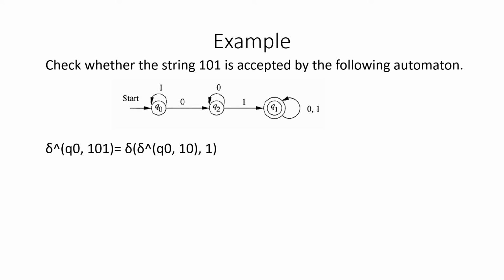The automaton starts its transition from the starting state of the given automaton. It has to make a sequence of transitions by processing one symbol at a time, and after processing all the symbols in the input, finally if it lands up in an accepting state, then we say that the given input string is accepted by the following automaton.